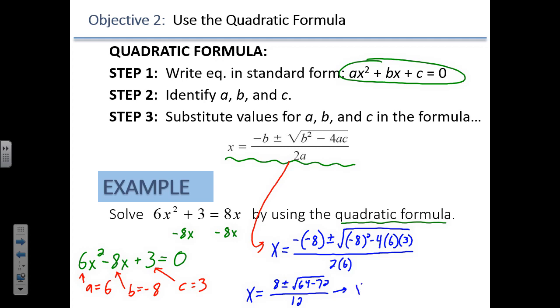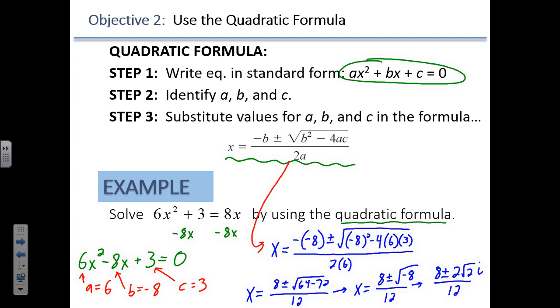This means that x is 8 plus or minus the square root of negative 8 over 12. But that's an imaginary solution, and we can simplify it a little bit. There's a perfect square of 4 inside there. That factors out, and this becomes 8 plus or minus 2 times the square root of 2i all over 12.